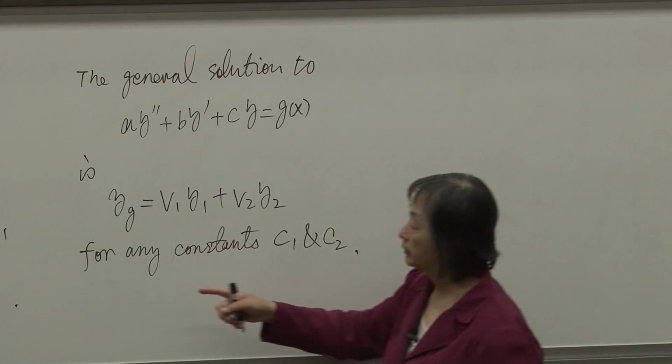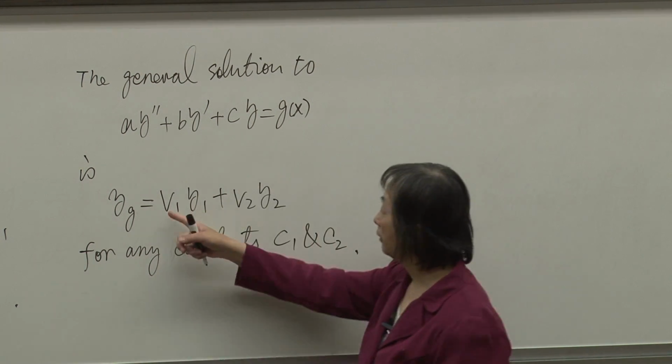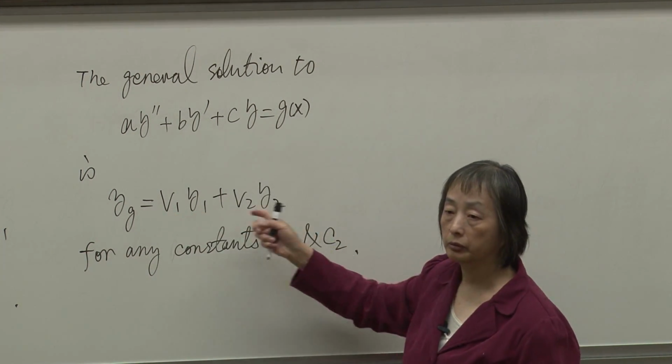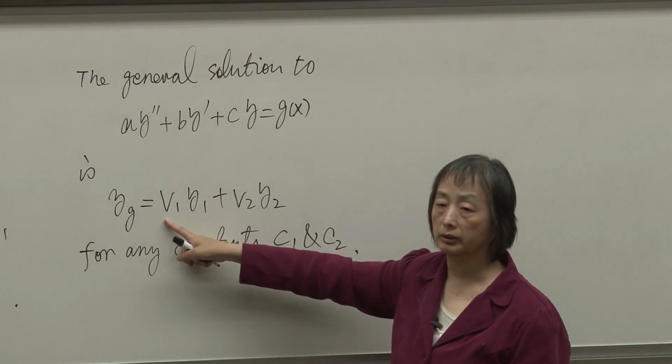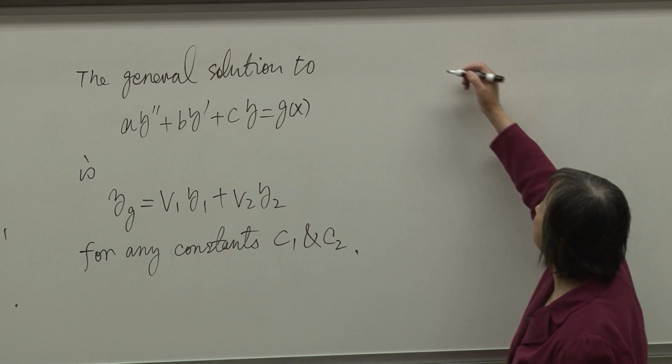If I choose c1, c2 to be any constants, then v1 y1 plus v2 y2 represents the general solution to the non-homogeneous ODE itself.